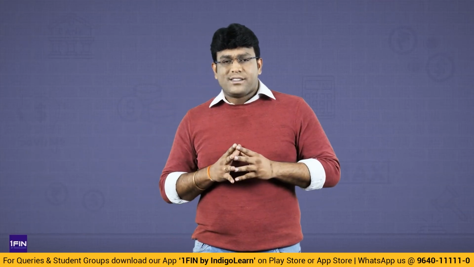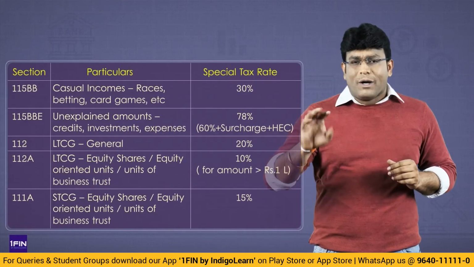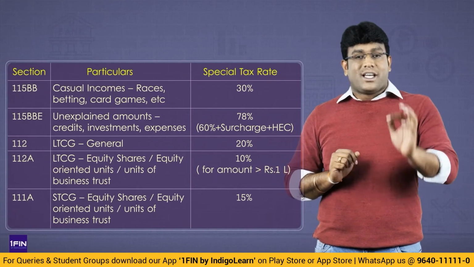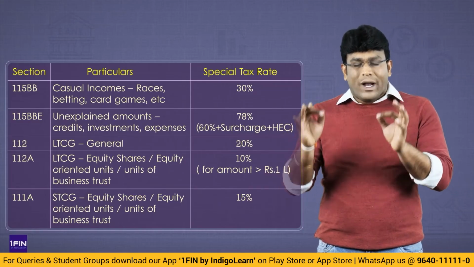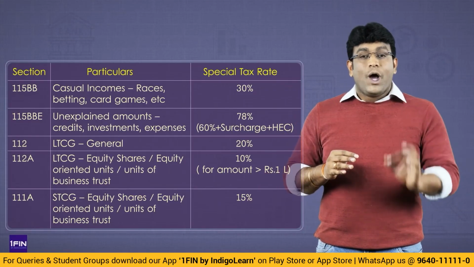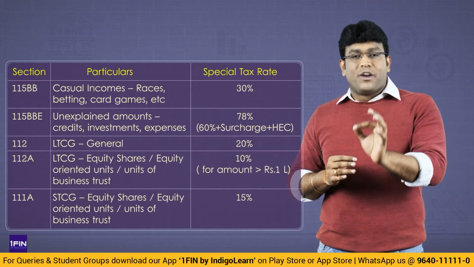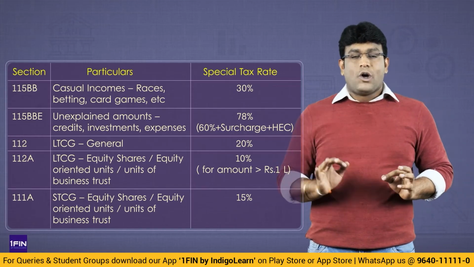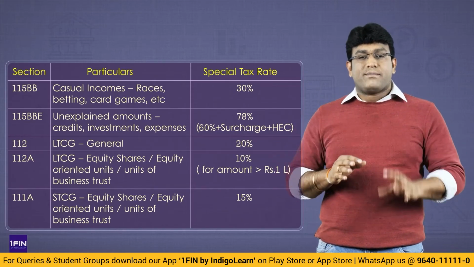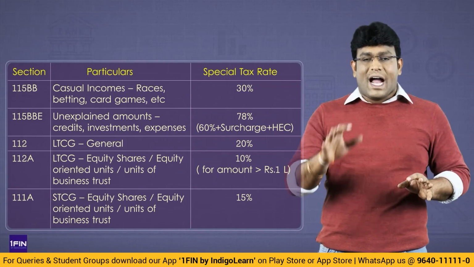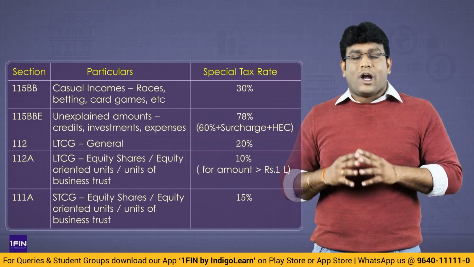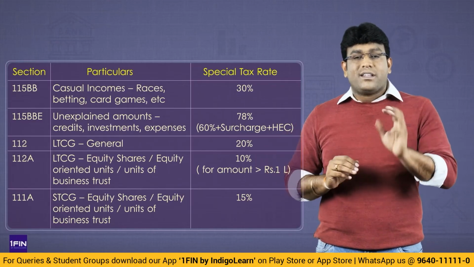Let us revise the tax rates in special sections we discussed now. We spoke about 3-4 interesting sections: section 115BB, 115BBE, 112, 112A, 111A. So what is 115BB, friends? 115BB talks about tax rate on casual incomes like betting, gambling, lottery, horse race, crossword puzzles, card games or any other games of any sort, where the tax rate is straight away 30%.